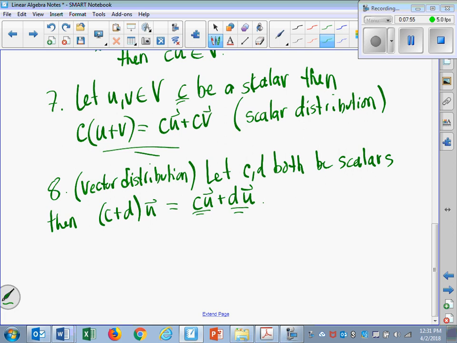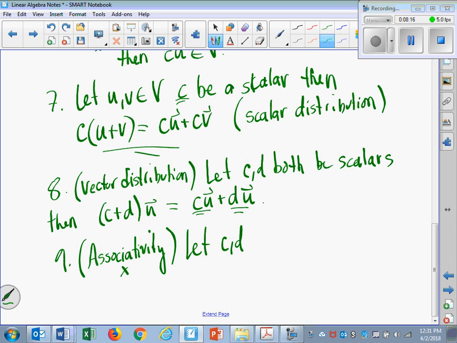Okay, well, the next property is associativity under scalar multiplication. So we want associativity for multiplication. So what does that look like? We want to take 2 scalars, so let c and d be 2 scalars. We don't want those to be in the vector space, so we'll call those scalars.